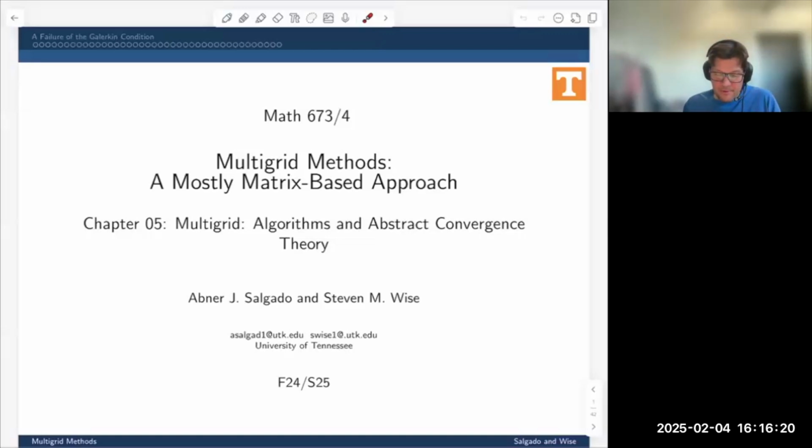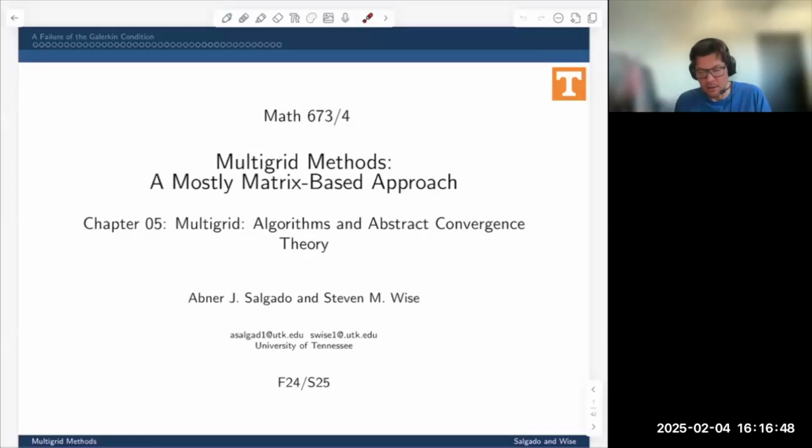Now, we're in chapter 5, in the very last section of chapter 5, section 5.9, where we want to discuss what happens when the Galerkin condition fails. In chapter 6, and chapter 3 to some extent, we were talking a lot about the Galerkin condition, and I kind of hammered that, and I said we really like the Galerkin condition because then the theory is easy. That is all true.